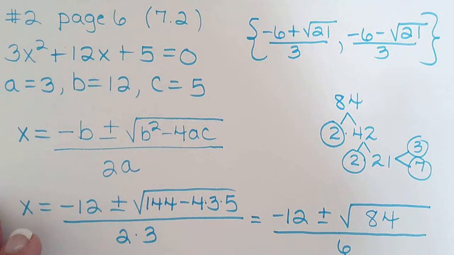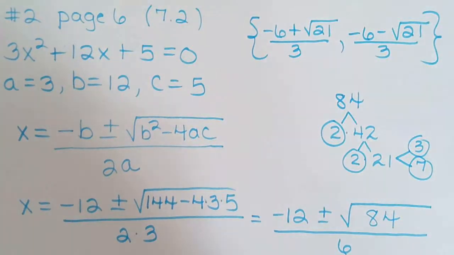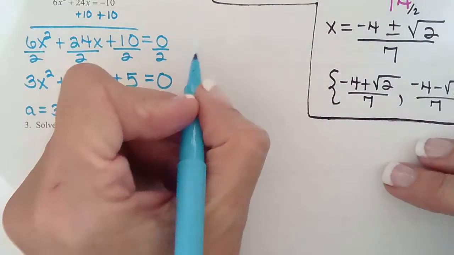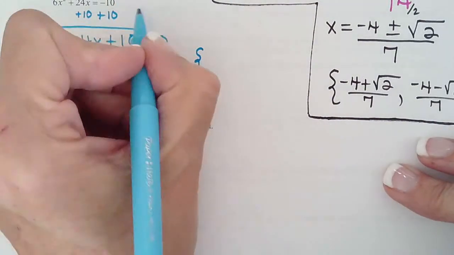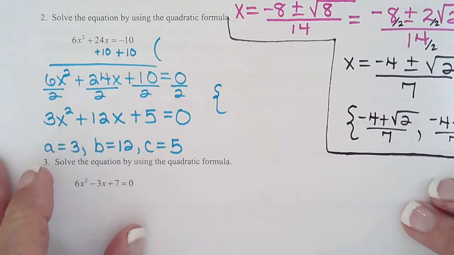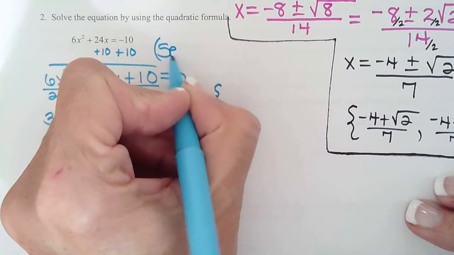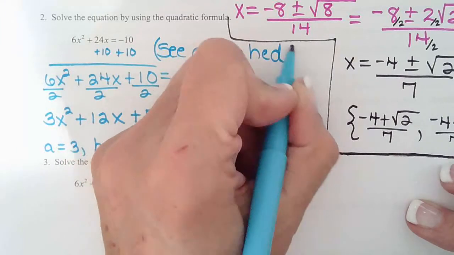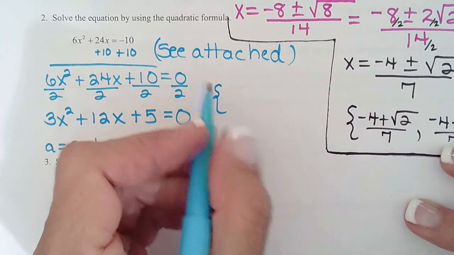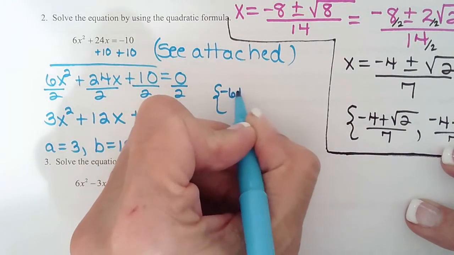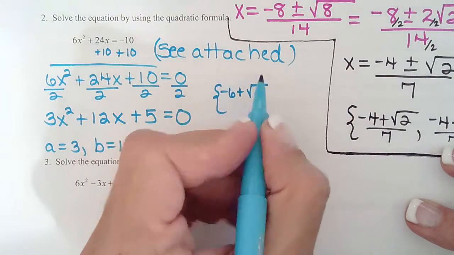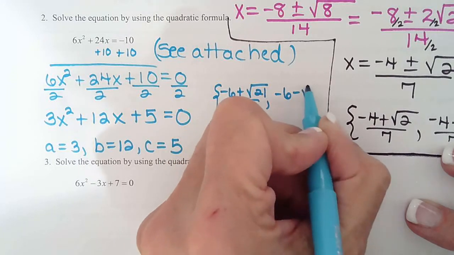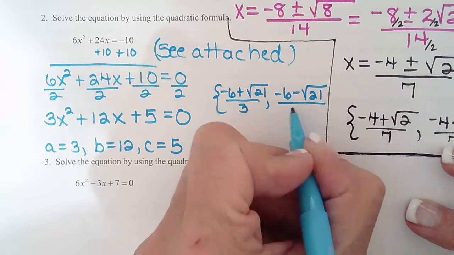Okay, let's go back to the page then and do that last problem. So we can carry the answer over here, and I'm going to write C back, or C attached, so that we know we did that one. So our 2 answers were -6 plus radical 21 over 3 and -6 minus radical 21 over 3.